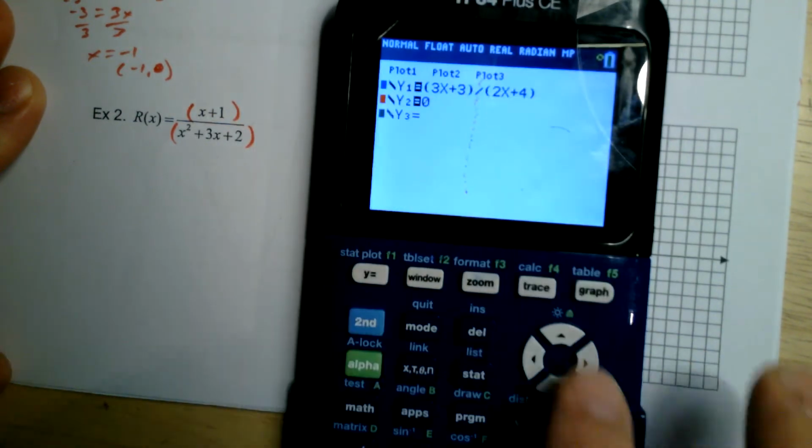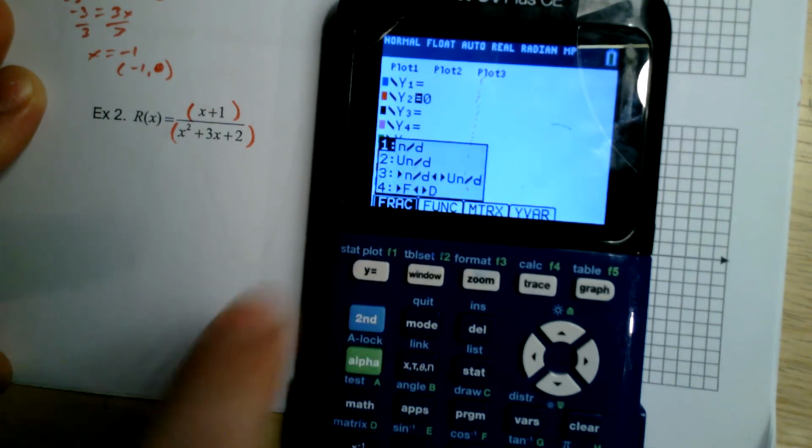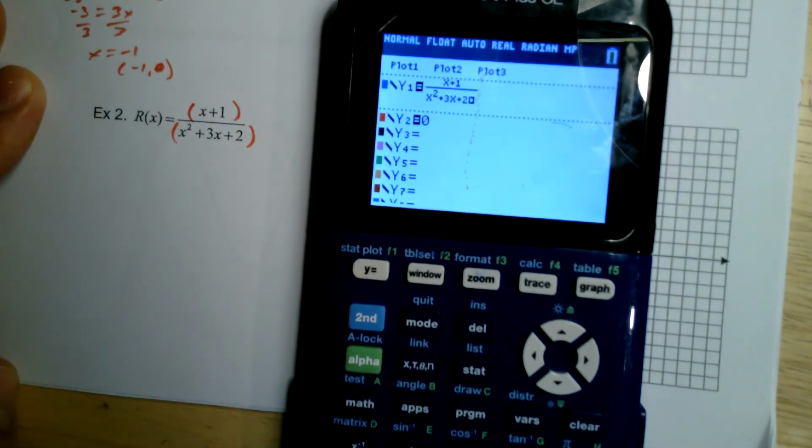Okay. And again, if you're not getting this graph, let me know. So I'm going to do alpha y equals number 1. I'm going to do x plus 1. I don't have to worry about parentheses if I have an 84 and I did alpha y equals. I've got x squared plus 3x plus 2.